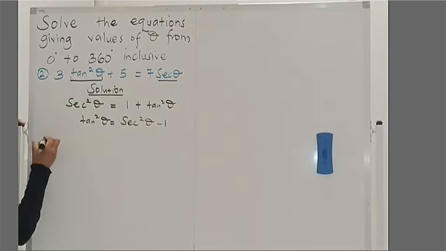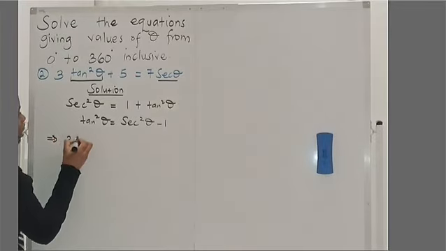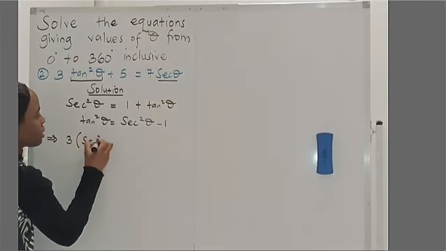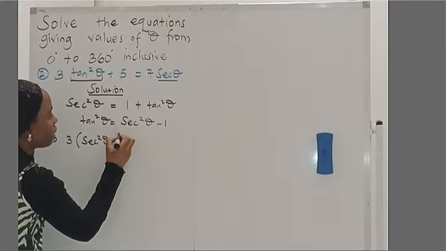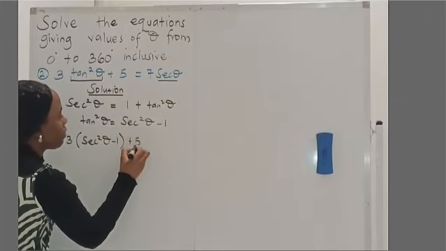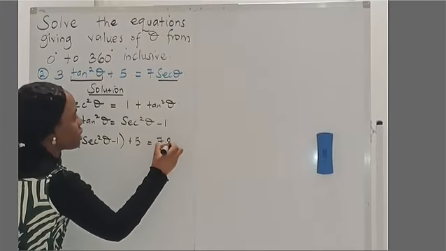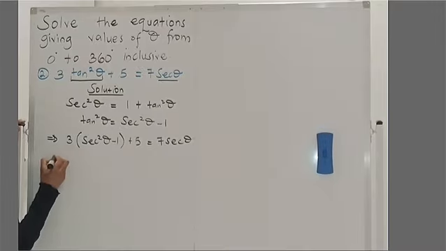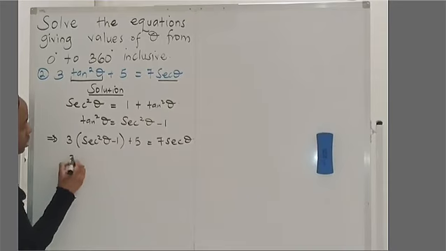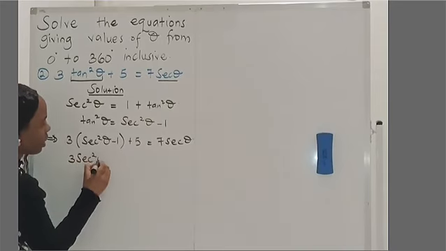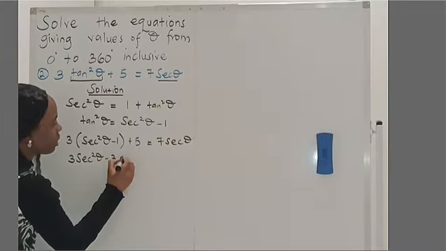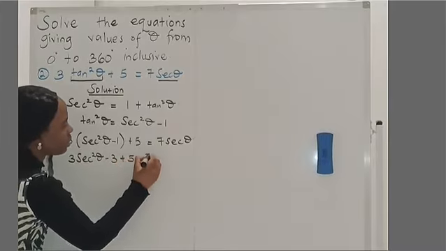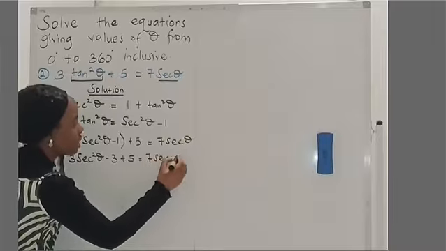So I will have 3 into sec squared theta minus 1, then plus 5, and this is equal to 7 sec theta. Let us distribute this 3. This is 3 sec squared theta minus 3 plus 5 equaling to 7 sec theta.